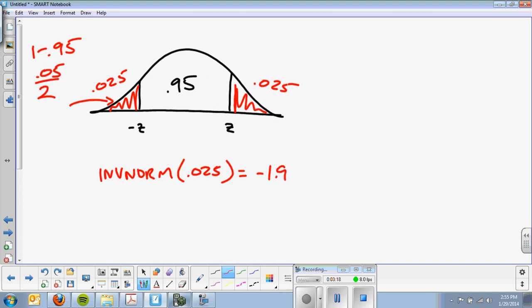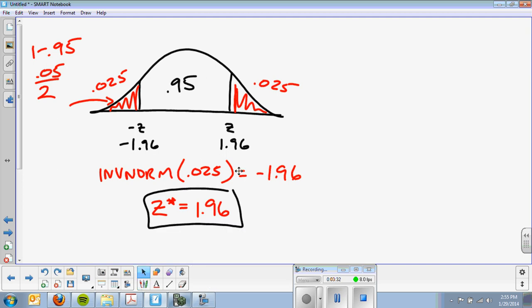Now remember, my critical value, or Z star, is just the positive version of that, so it's going to be 1.96. Think about it as negative 1.96 here, 1.96 here. We just call it 1.96. You can do that for any area. Those numbers aren't going to change for each area.